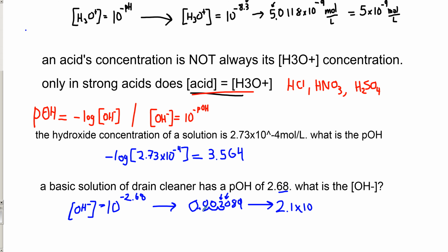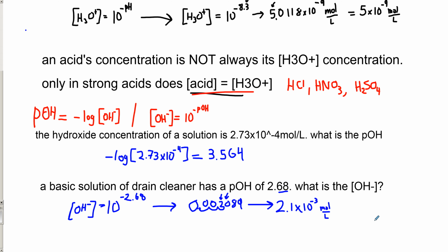So again, pH and pOH are related concepts. pH is a way of expressing how much H3O there is in a solution, and pOH is a way of measuring how much OH there is in a solution.